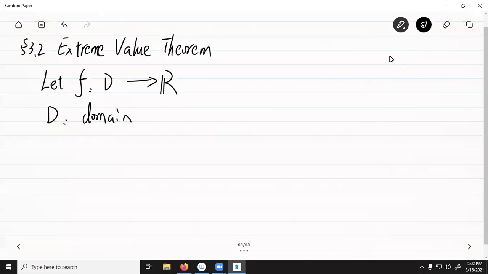Another important definition is called the image, or the range, of the function f.